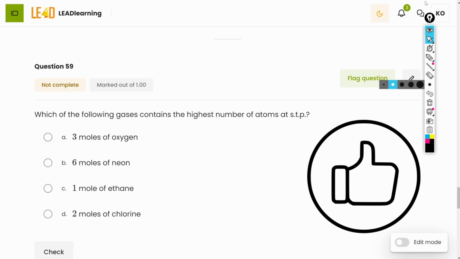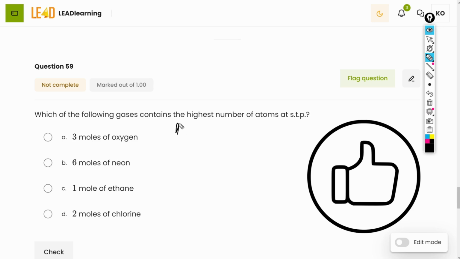Question 59. Which of the following gases contains the highest number of atoms at STP? The highest number of atoms at STP. Now, we are going to apply Avogadro's principle here.